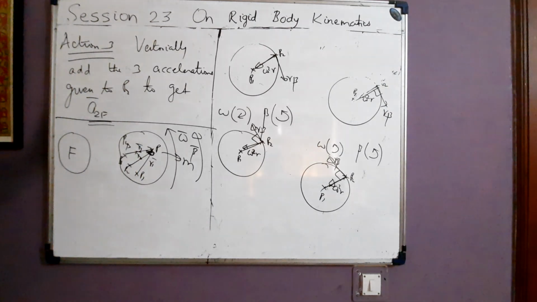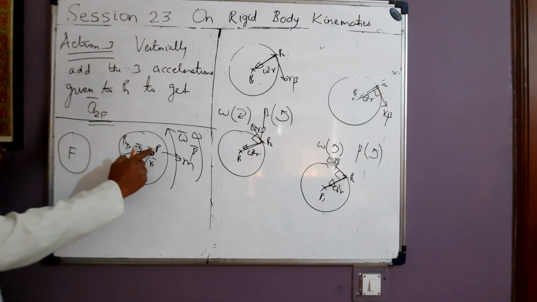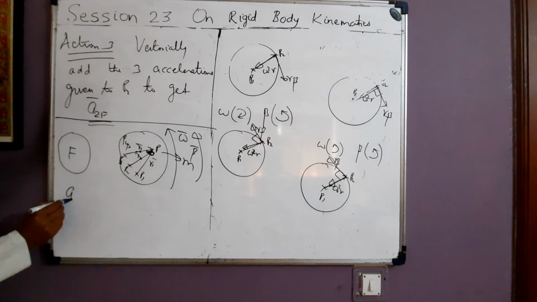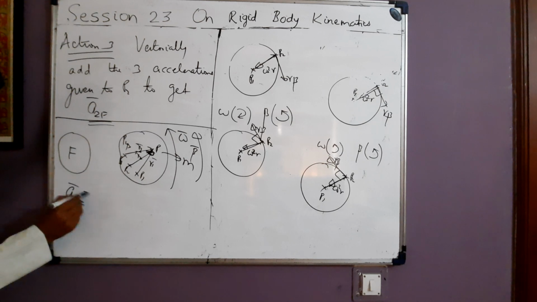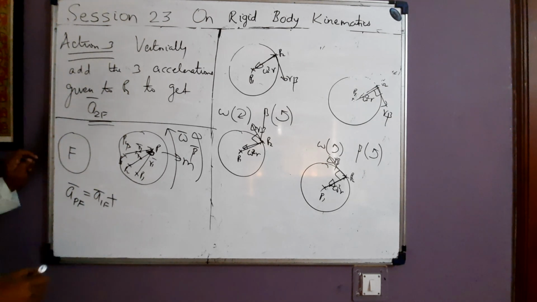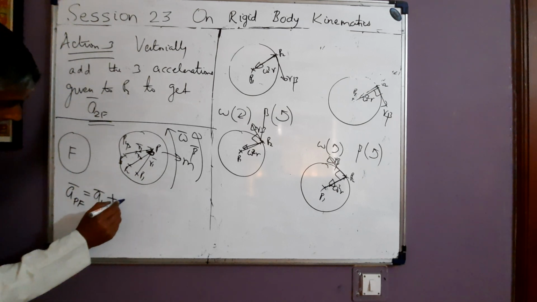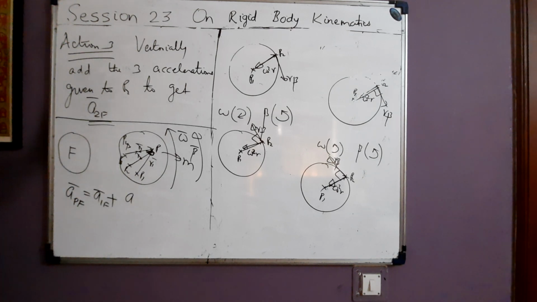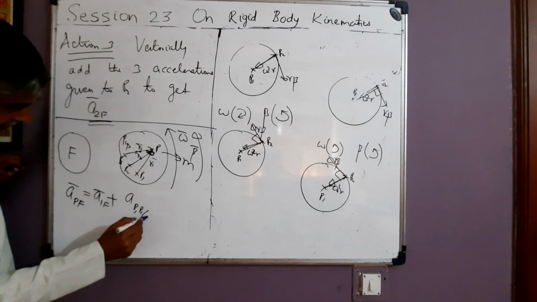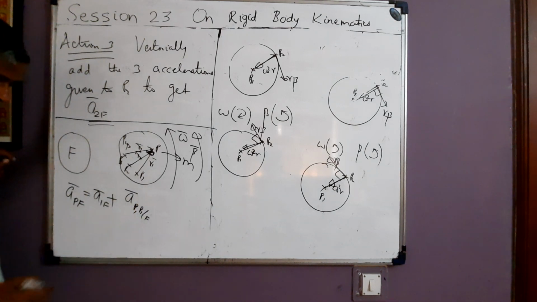Now if you write P in terms of P1, acceleration of P with respect to P1, we say APF equals A1F plus APP1 in frame F. This is common.